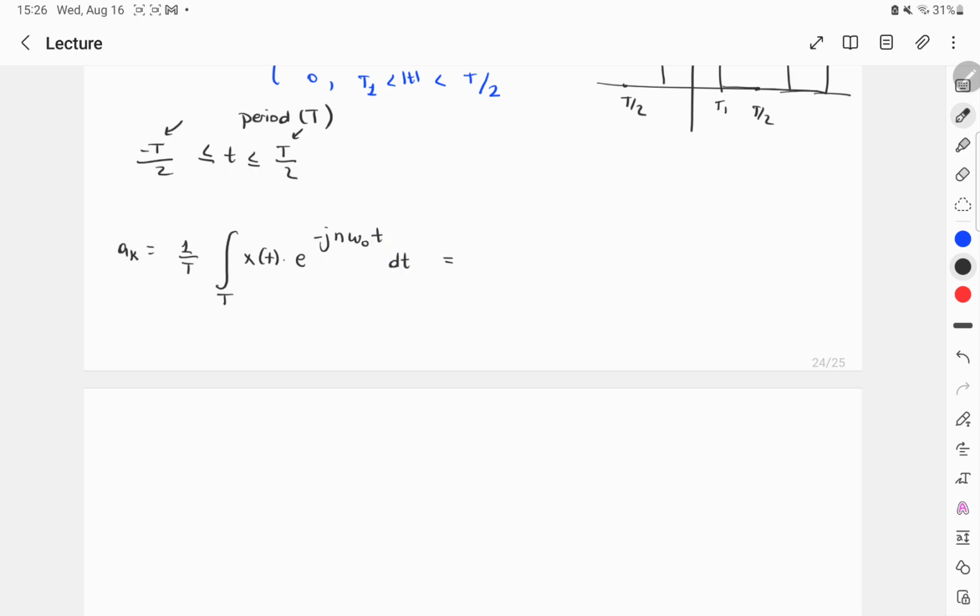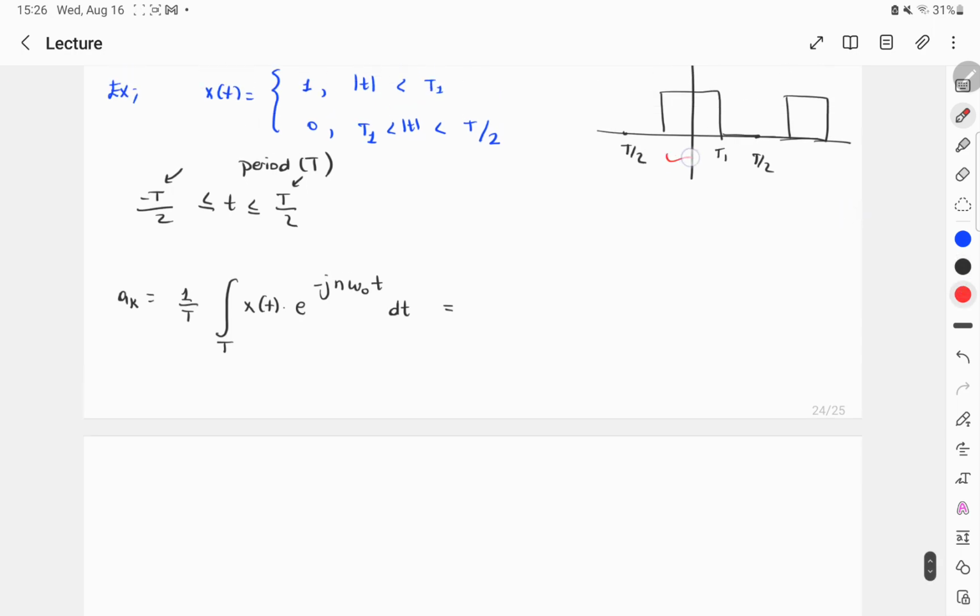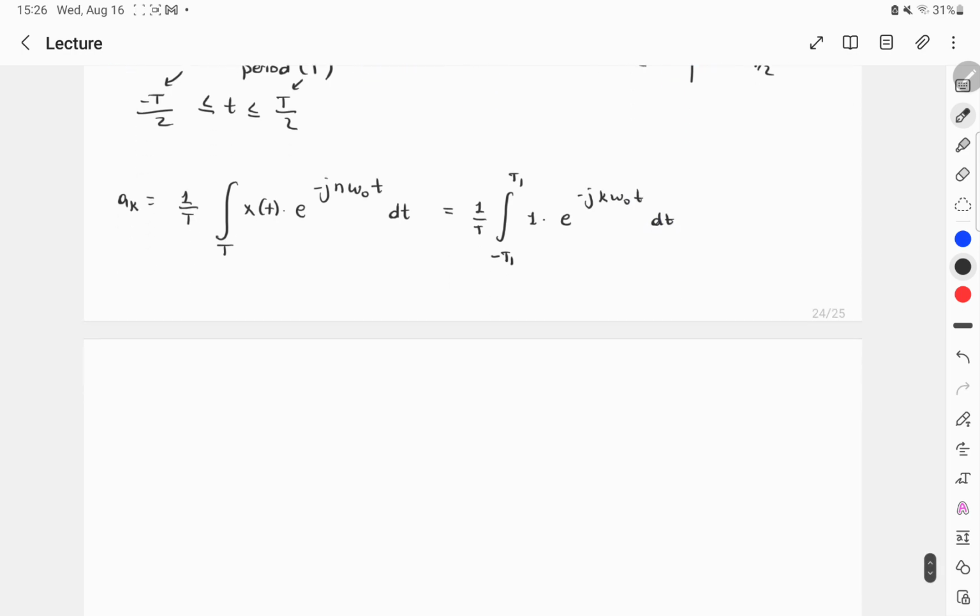And then since we take it until T1, we are going to first consider here, and here the value is 1, so we can write this as 1 over T from minus T1 to T1, we have 1 times e to the power of minus j k omega_0 t dt, right?